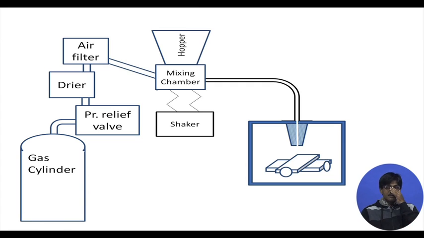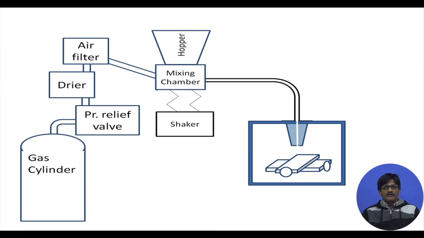Why is moisture going to create a problem? This is because even if there is a trace of water vapor present in the gas, it can ultimately give rise to agglomeration and clogging.